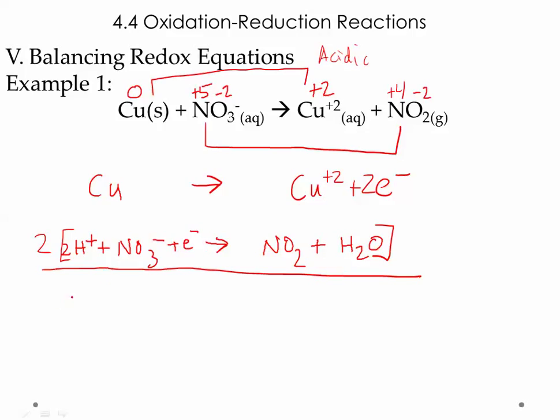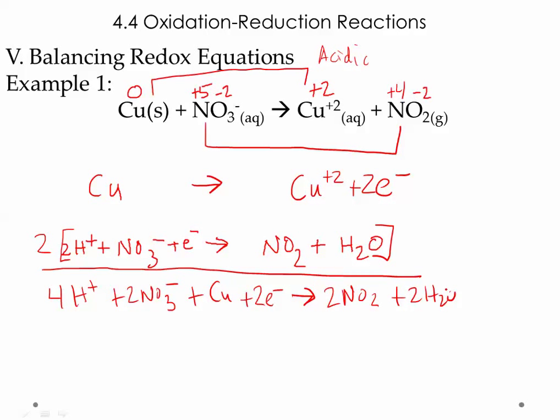And so we will end up with 4 hydrogens plus 2 nitrates plus 2 electrons plus copper yields 2 nitrogen dioxides plus 2 waters plus copper +2 plus 2 electrons.